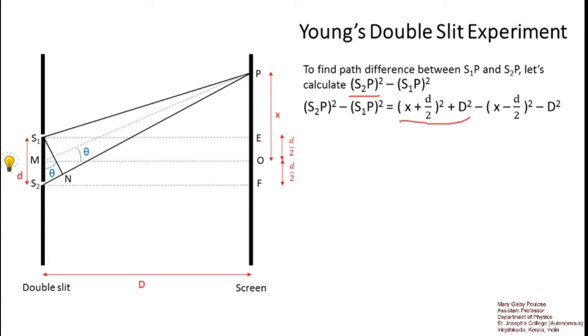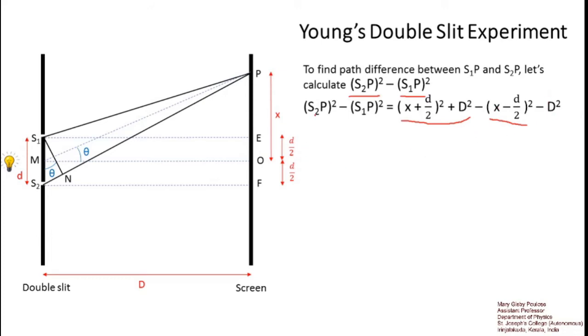So this term is the S2P square. Now what is S1P? Consider the triangle S1PE. In that, S1P is the hypotenuse and PE is the altitude and S1E is the base. So hypotenuse square can be written as altitude square plus base square. Altitude is x minus d by 2 whole square plus base square D square.